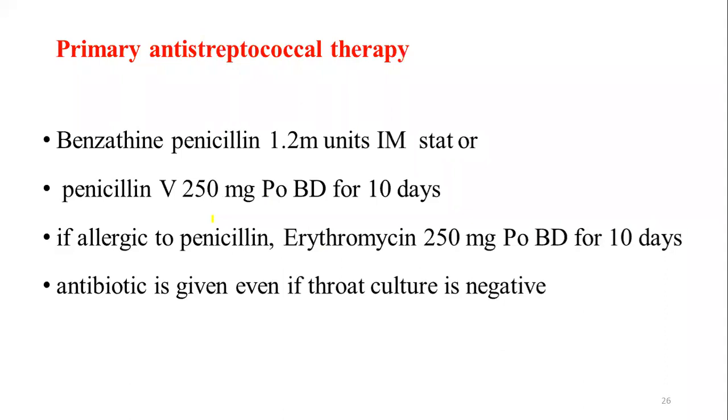If we have benzathine penicillin, we can give this dose IM stat, which is sufficient to treat this condition. Or alternatively, we can use oral penicillin V, 250 mg BD for 10 days.